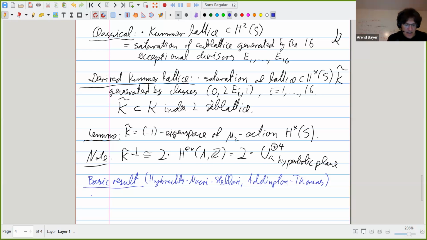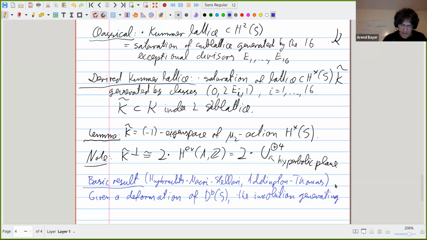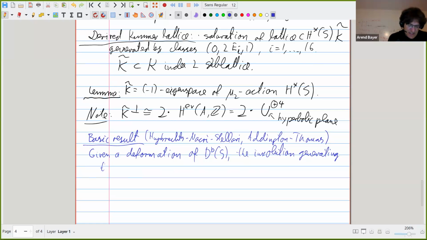So the argument is the following: given a deformation of D^b(S), then the involution generating the mu2 action deforms if and only if the mu2 action on the cohomology remains a Hodge isometry. And that's equivalent to saying that K twiddle remains algebraic.